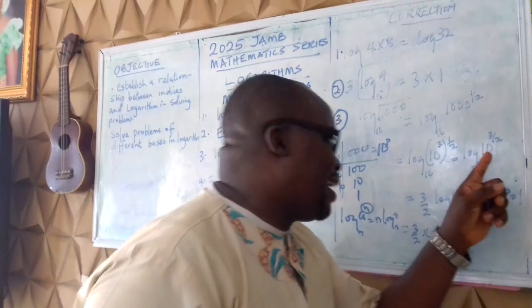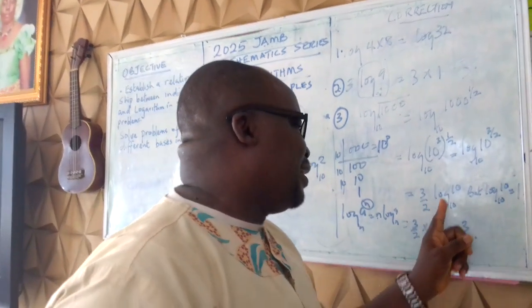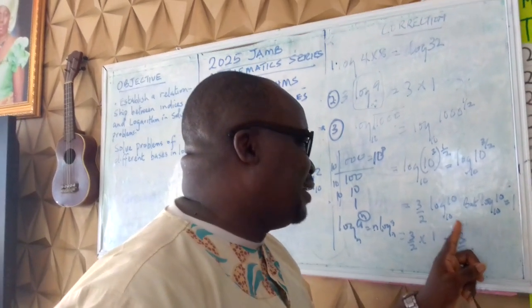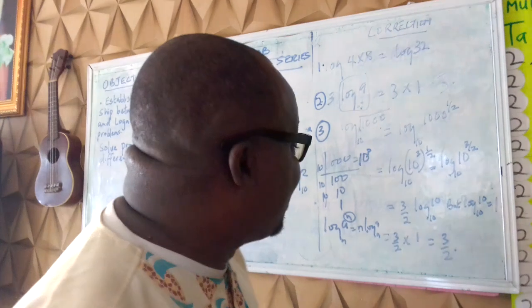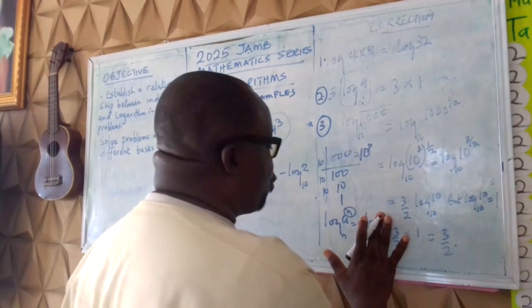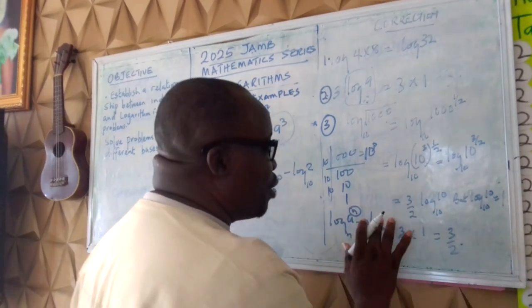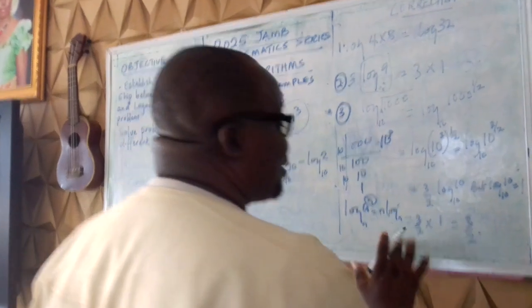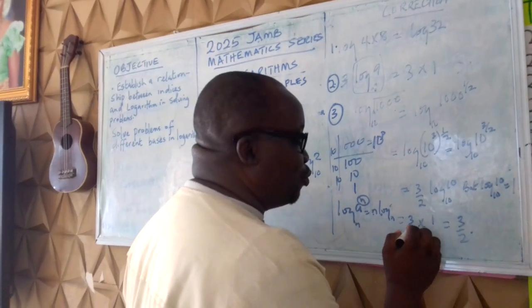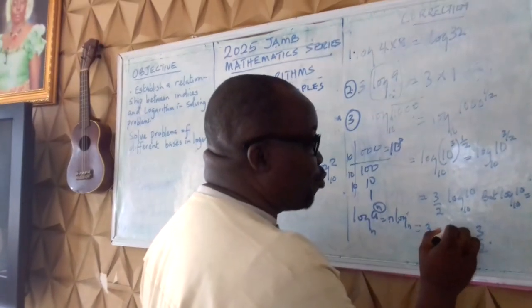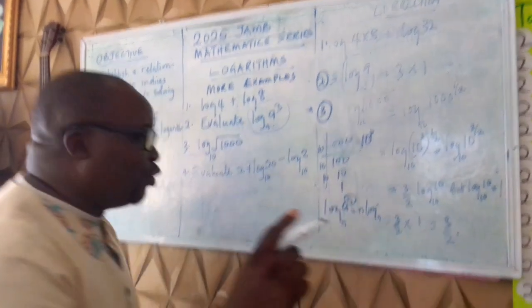So we apply that here. It becomes 3 over 2 log 10 base 10. But log 10 base 10 is 1, so anything with the same base will always give us 1. Is that taken? So having said that, it means 3 over 2 times 1.